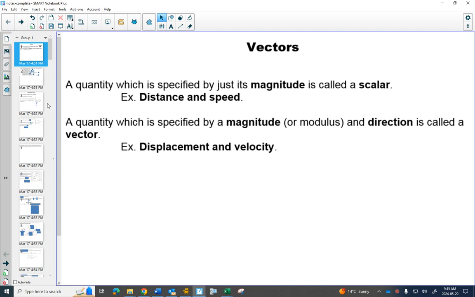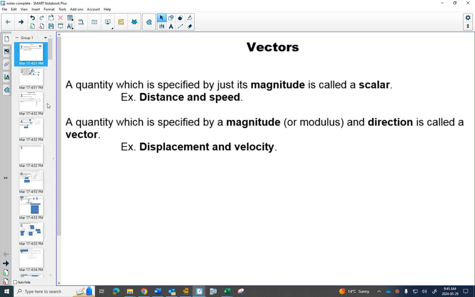We're doing vectors. The main thing about a vector is it has a magnitude and a direction. If you just have a magnitude, it is called a scalar.